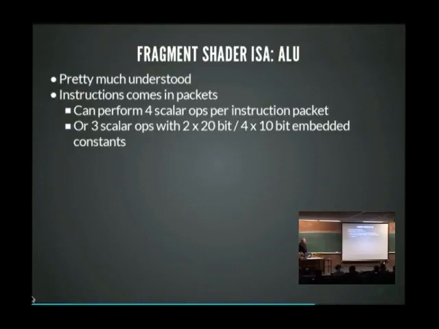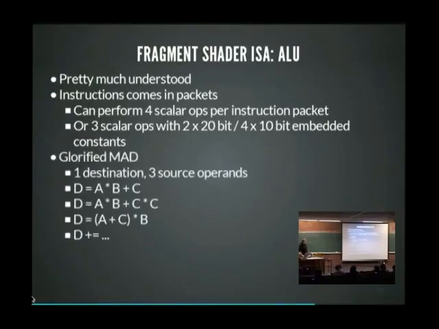So that's either 2 20-bit floats or 4 10-bit fixed point values. And the rest of it is basically a glorified MAD, with 1 destination and 3 source operands. This is an example, the MAD instruction.